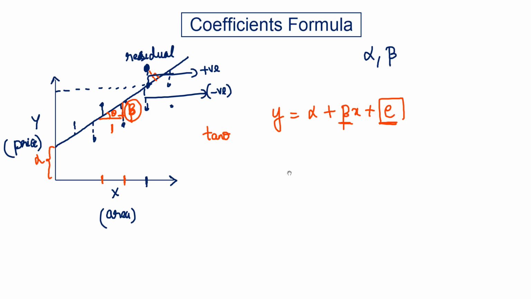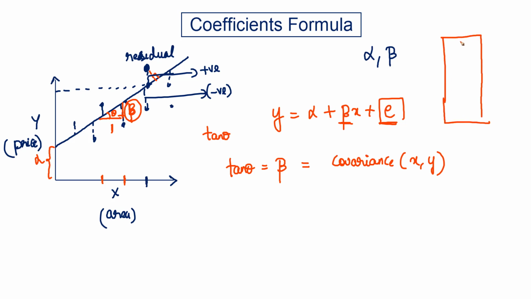Now let's look at the actual formula. The value of beta, the slope tan theta, is nothing but the covariance of x and y. So you have your data, right? In your data, you have your x and y. The covariance between your x and y divided by the variance of x.